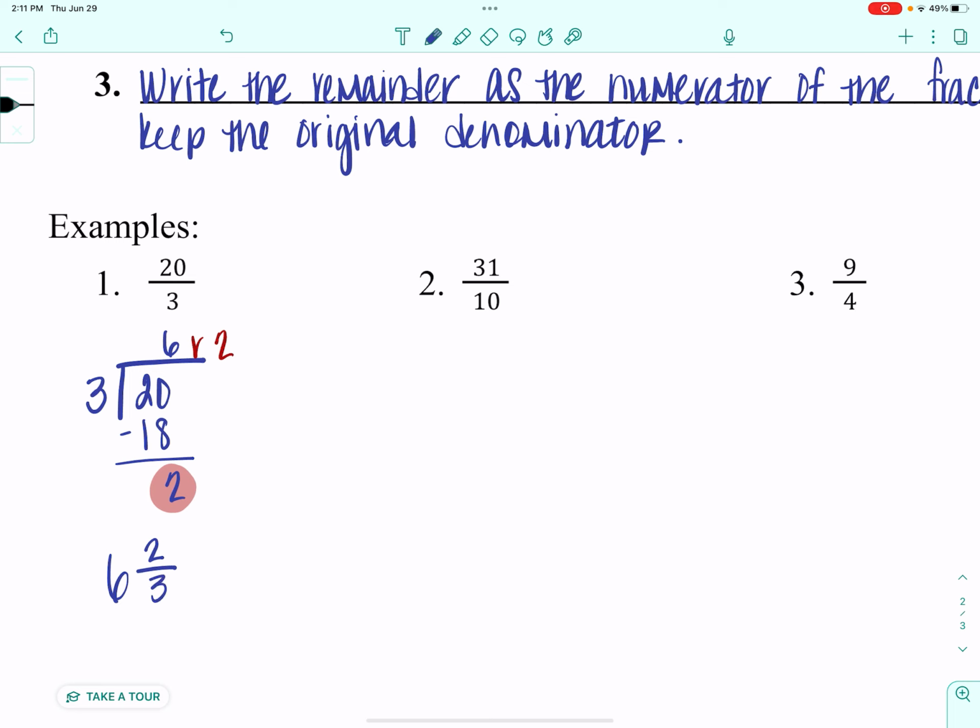Keep the original denominator. So my 2 goes on the top. My original denominator goes in the denominator. So 20/3 is equal to 6 2/3 as a mixed number.